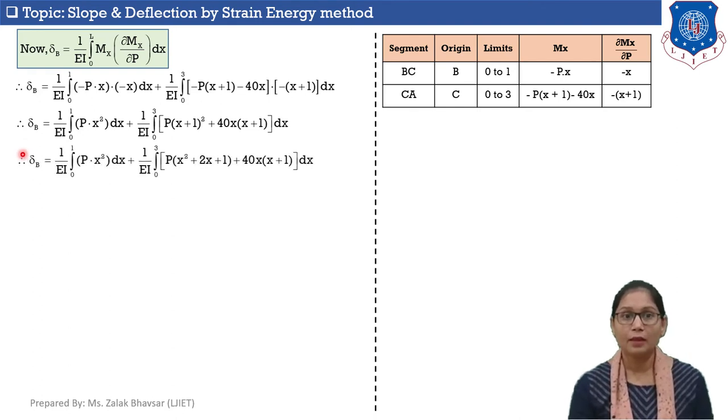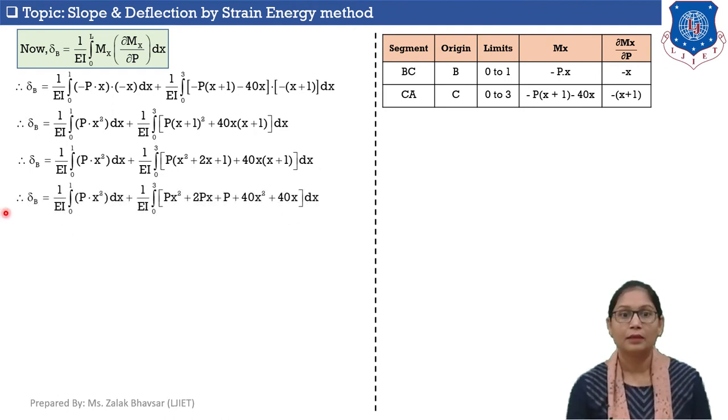Therefore, delta B is equal to 1 upon EI integration of P into x square dx plus 1 upon EI integration of, here expansion of x plus 1 whole square is x square plus 2x plus 1 into P plus 40 into x in bracket x plus 1 into dx.